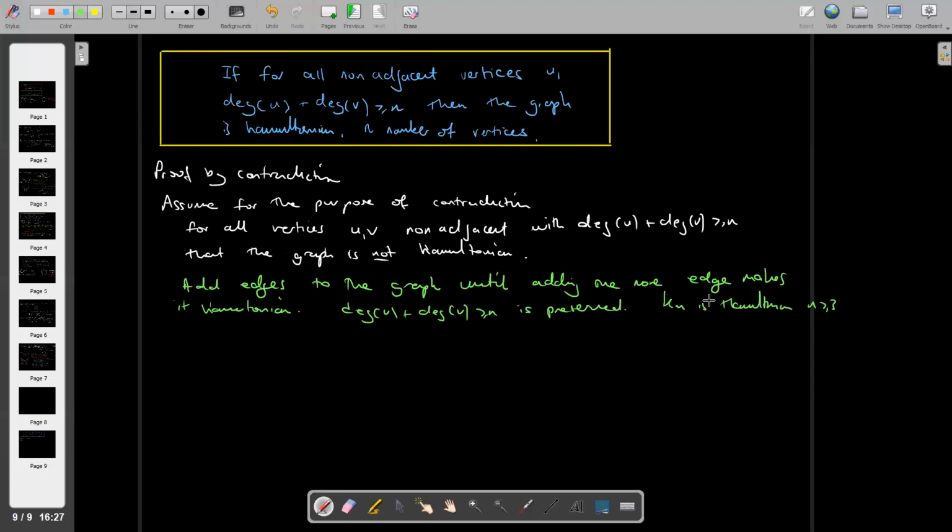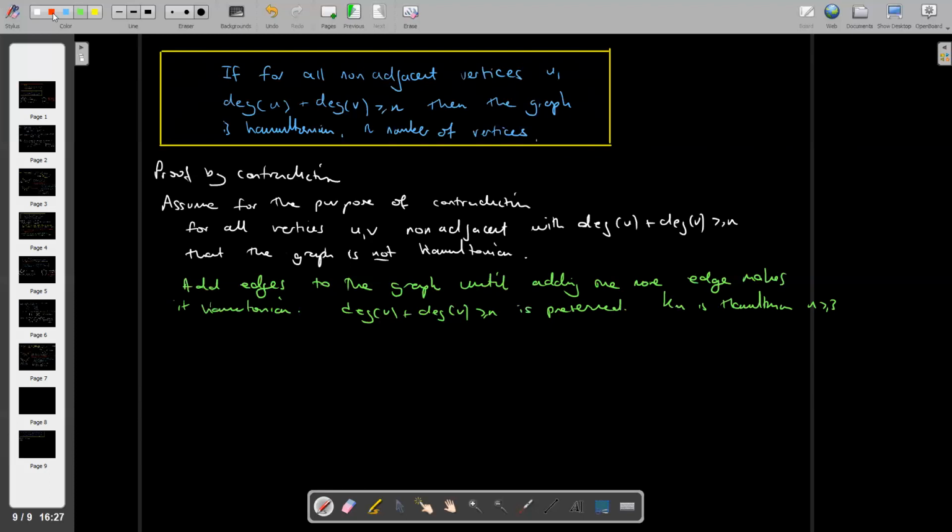You can always add edges until adding one more edge will make it Hamiltonian, because every complete graph with n greater than or equal to 3 has a Hamiltonian cycle. You can just go around the outside. Adding edges does not decrease the degree of a vertex. In fact, it might increase it, so it could be more true, if you want to put it that way.